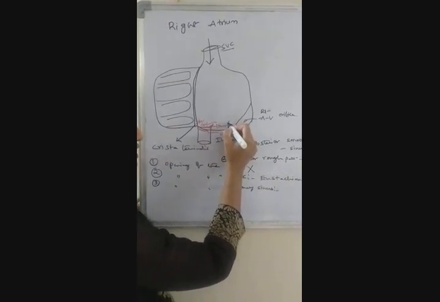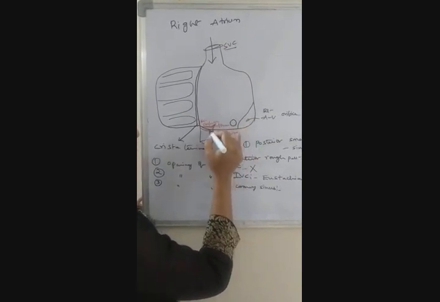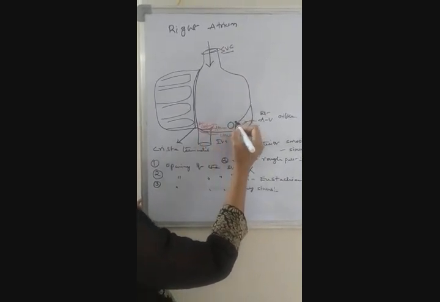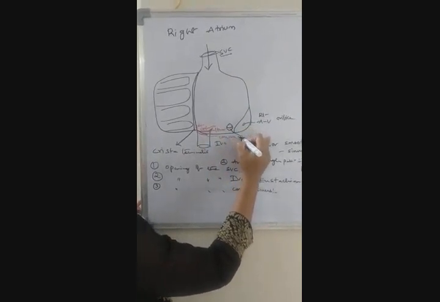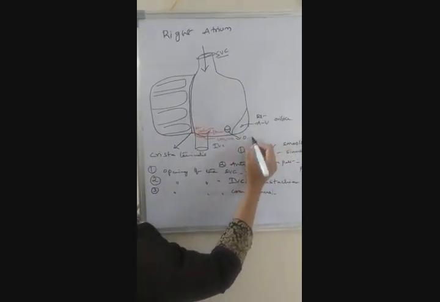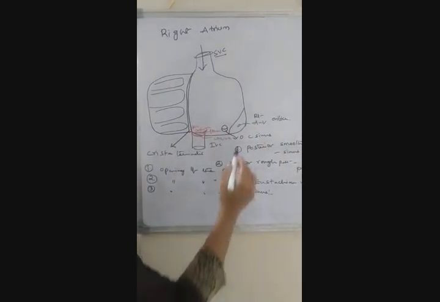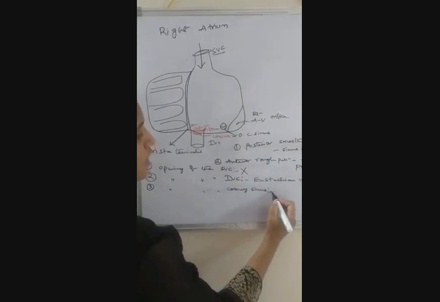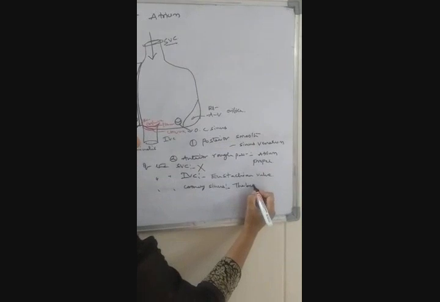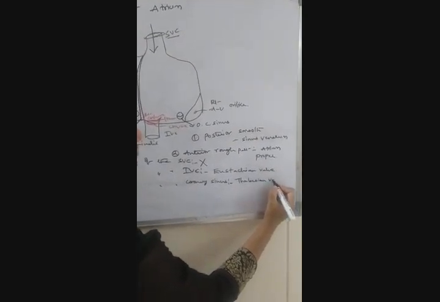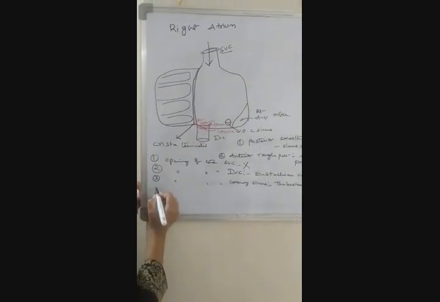It is present to the left of the opening of the inferior vena cava. So here we will have the opening for the coronary sinus. This coronary sinus is also guarded by one valve. It is called the Thebesian valve.